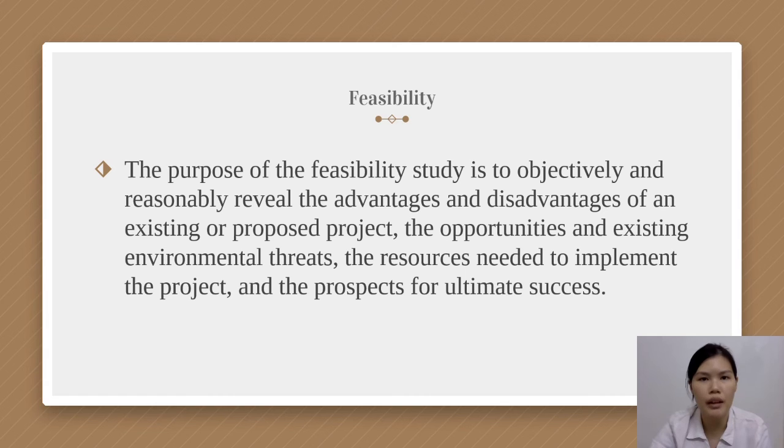A feasibility study assesses the success potential of the project. The purpose of the feasibility study is to objectively and reasonably review the advantages and disadvantages of an existing or proposed project, the opportunities and existing environmental threats, the resources needed to implement the project, and the prospects for ultimate success.